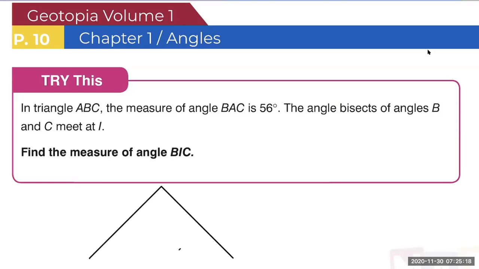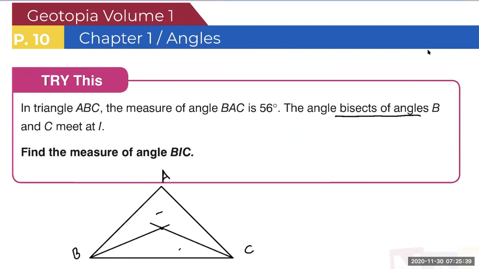If I say it's ABC, this is B, this is A, this is C, and I'm going to connect two angle bisectors of B and C, which meet at point I. Let's put small b and small b here, and small c and small c here, and big A here, and big I.